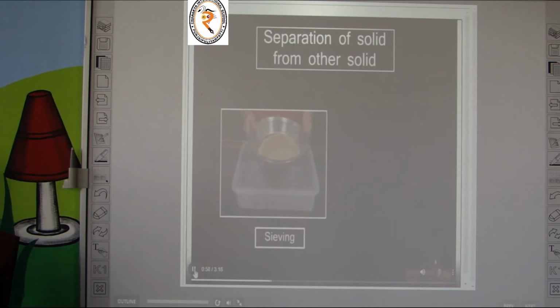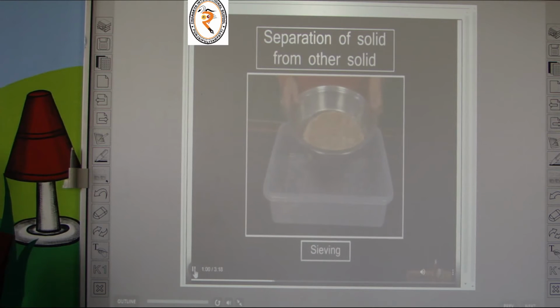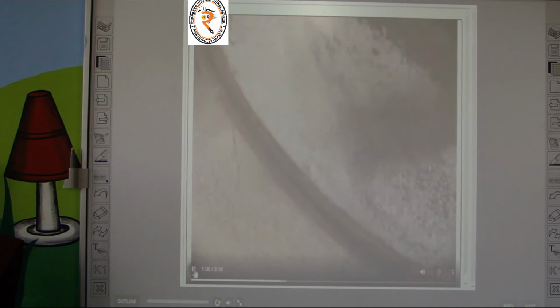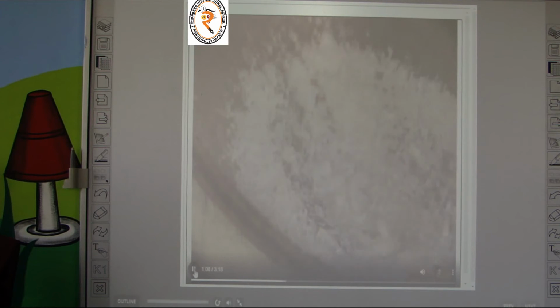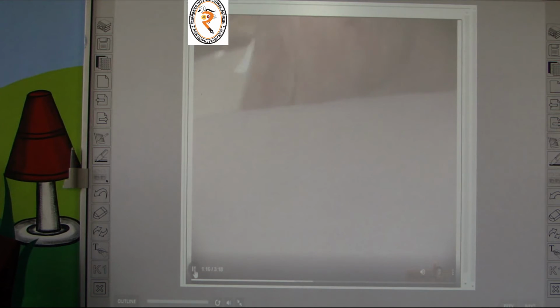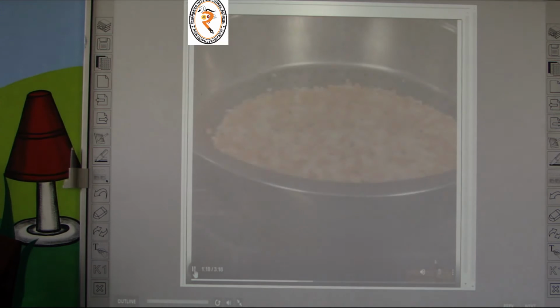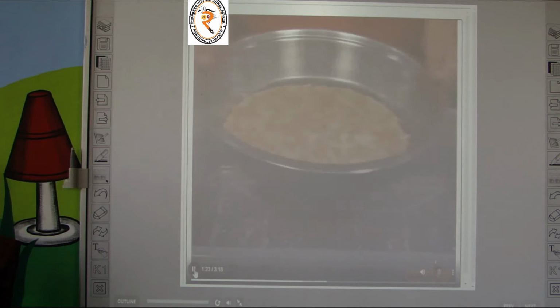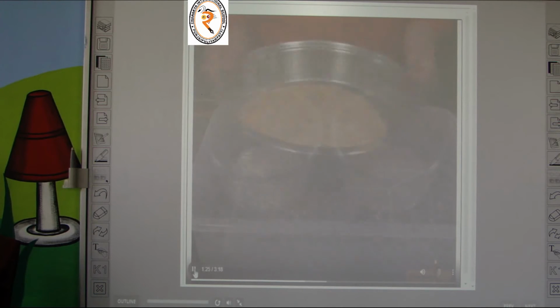Sieving is one of the most commonly used methods for separating mixtures of solids. This method is used when there is considerable difference in the size of the components of solids. A sieve, with pores of appropriate size, is used to separate the constituents of the mixture. Sieving is an act of separating small particles from bigger ones by passing the mixture through a sieve.